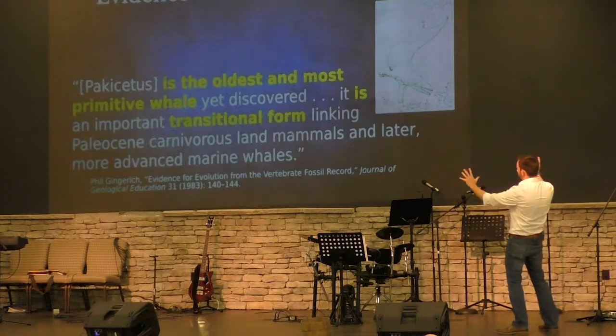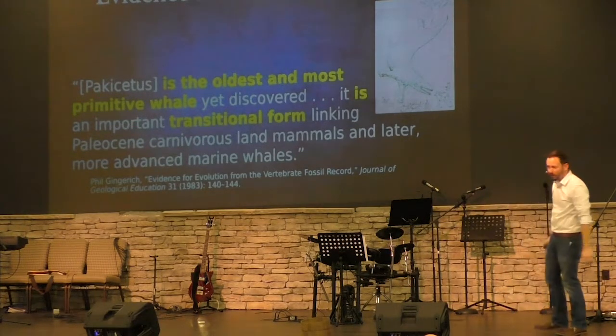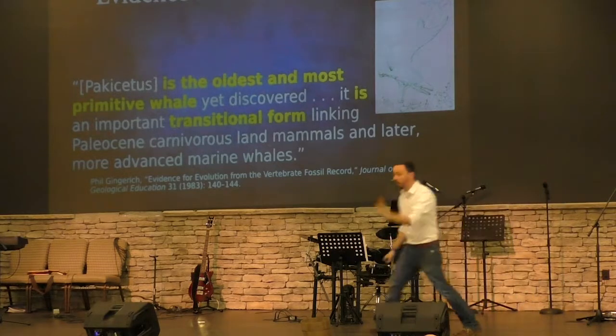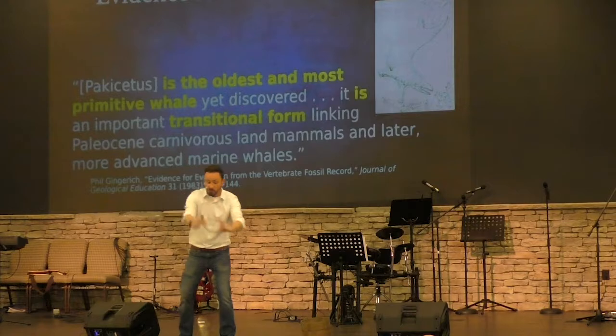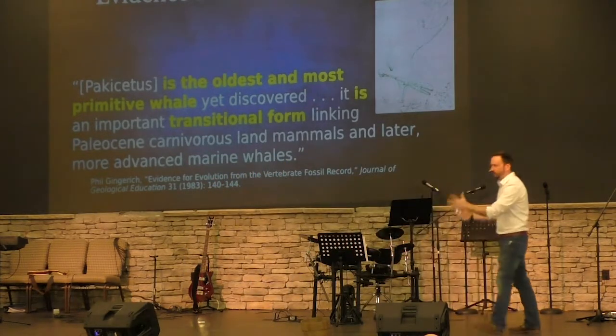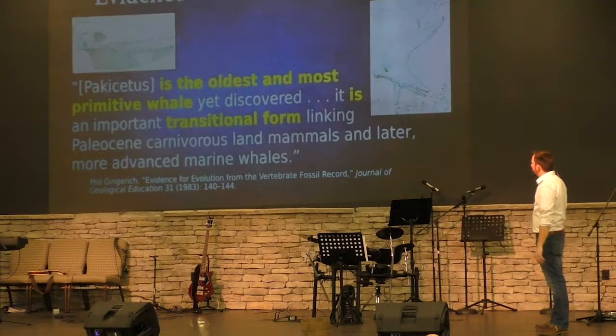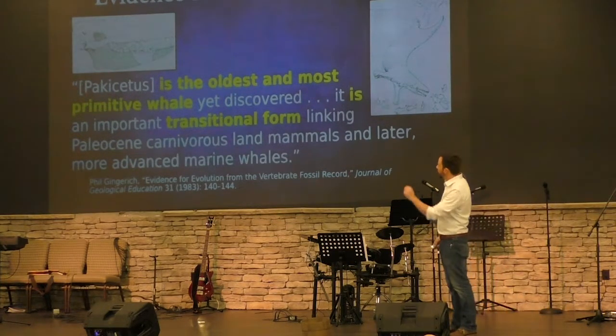So they found a bone and they said, oh, this bone is the oldest and most primitive whale ever discovered. It's an important transitional form because it shows us that mammals became whales and then whales became whales. It's really good. This is important. This is a very big discovery. That's what they found. Now, the part in white is what they found.